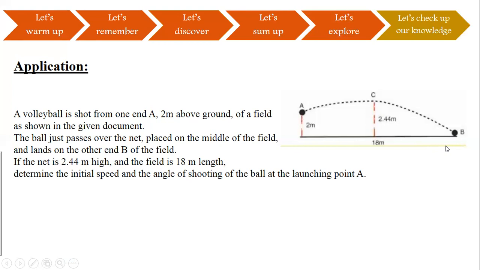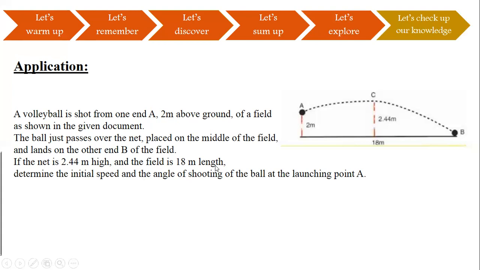I have the maximum distance, which is the range, because this ball hits the ground at this point B. Now, I should determine the initial speed and the angle of shooting of the ball at the launching point A. So I have to calculate V0 and theta.